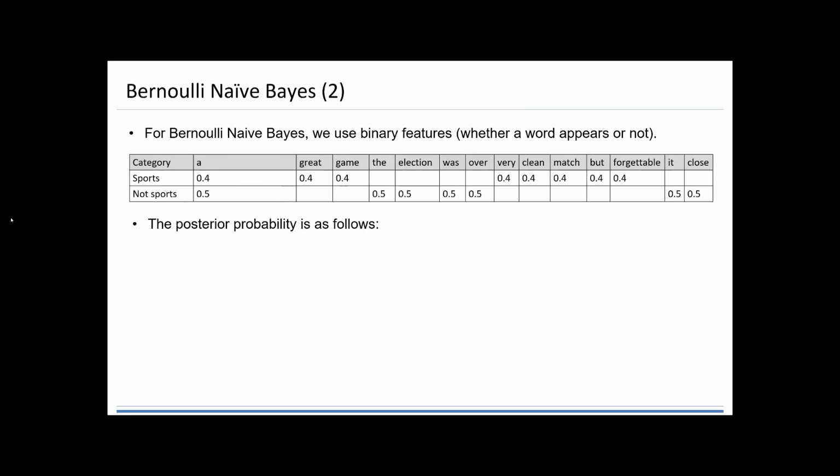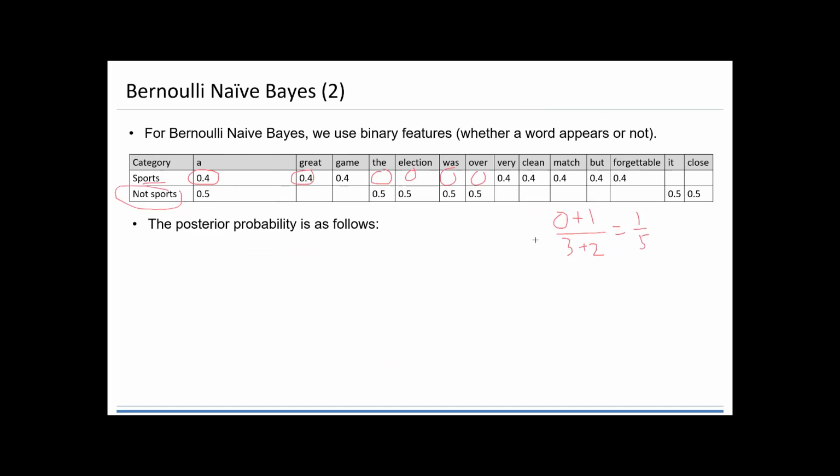So whenever the word exists, it is available. If the word does not exist, you can calculate by yourself. What is the probability? It means 0 plus 1 divided by, if it is sports, 3 plus 2. So the probability will be 1/5.